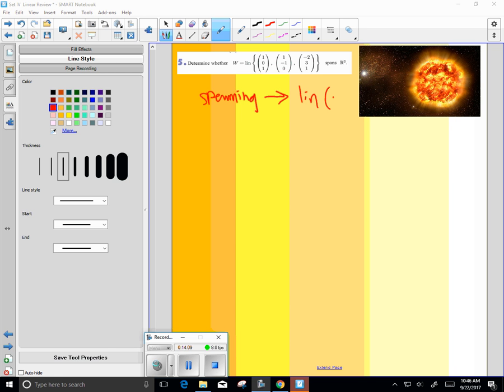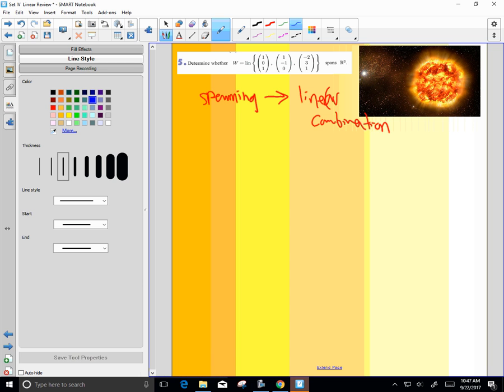Linear combination. So what you can do is you're saying that there exists a C1 times 1, 0, 1 plus C2 times 1, negative 1, 0, etc. That's what you're saying.